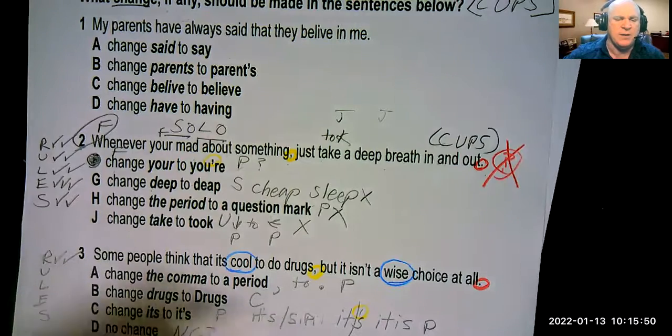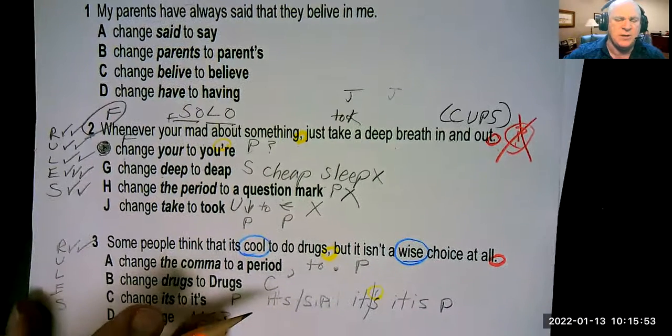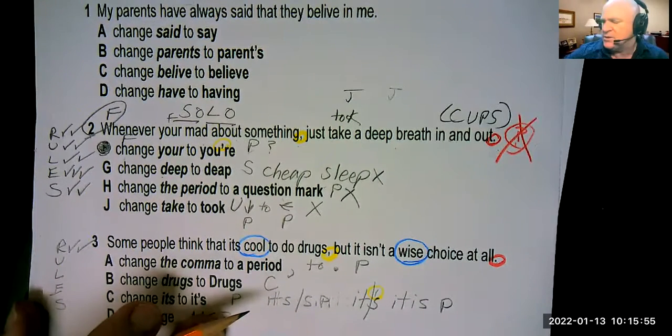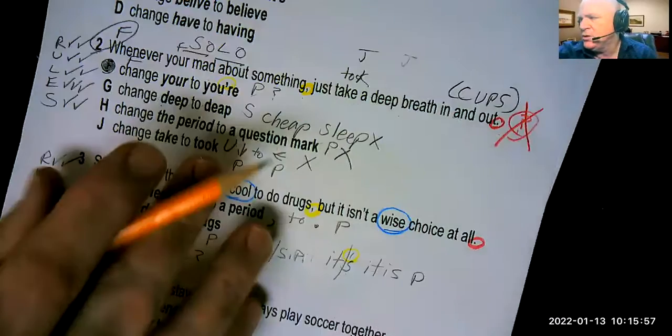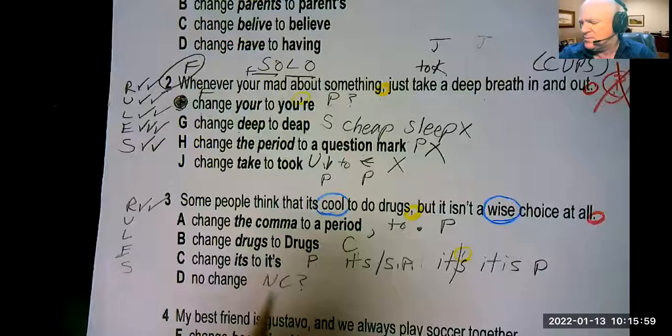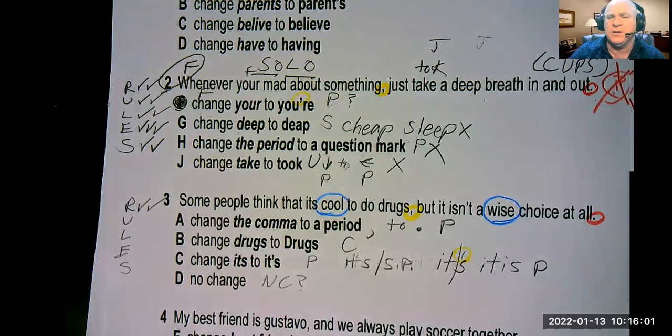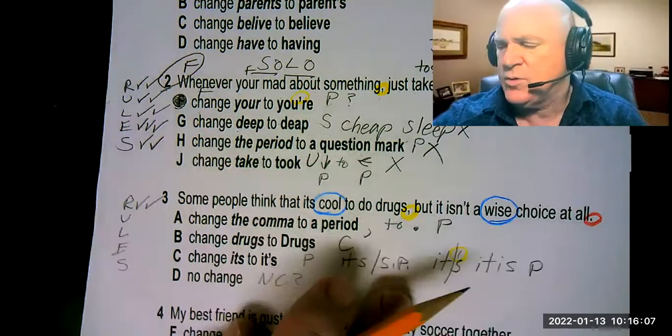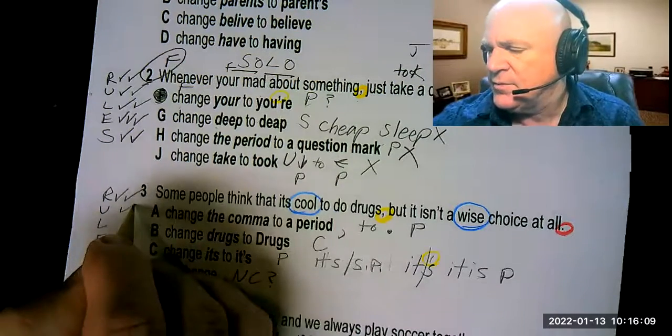These were written by actual students on their actual STAR test. While you're reading, you will teach your students to underline and label. That's why the U and the L are there.